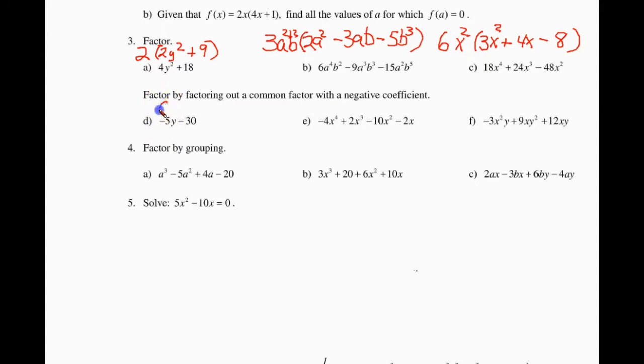We're going to need a parenthesis for 2. 1, 2, 3, 4, parenthesis for 4. 1, 2, 3, a parenthesis for 3. Just setting this up. Now we want each of our things that we're going to take out to be negative.